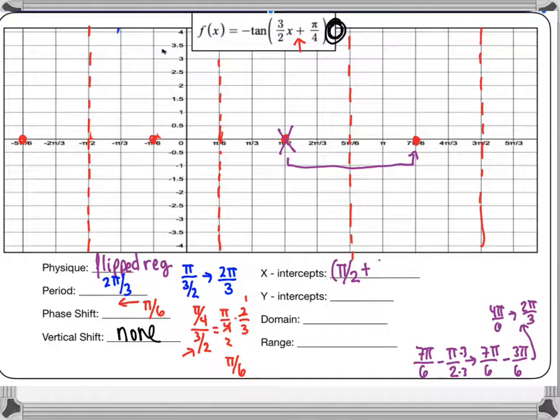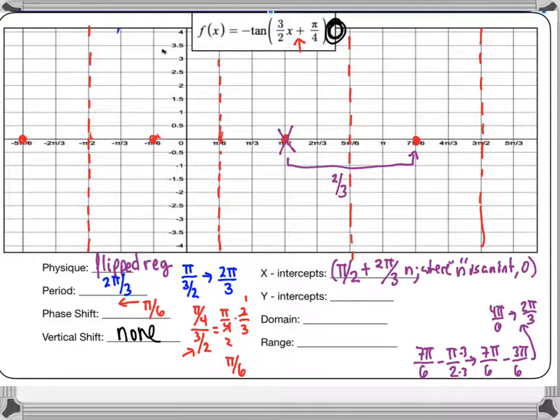Yay. And so we have 2 pi over 3 n, where n is an integer, comma 0, okay? So we know that distance in between them is going to be 2 pi over 3 each time.